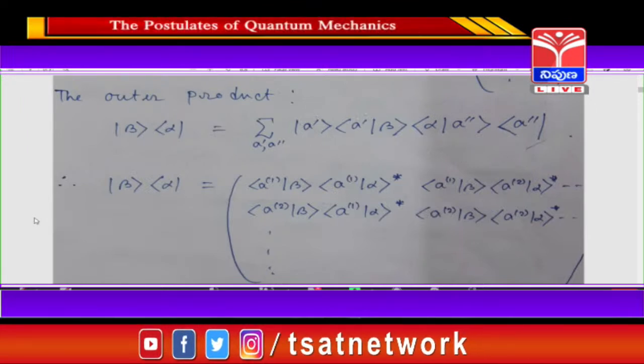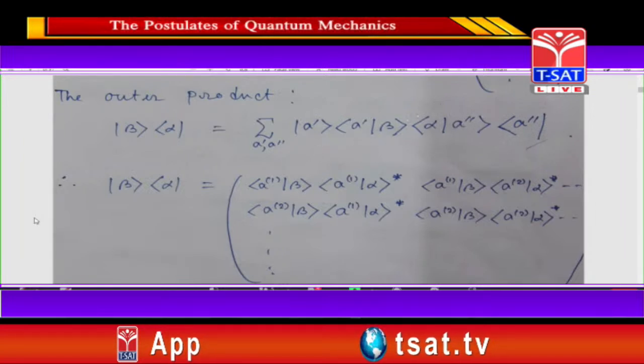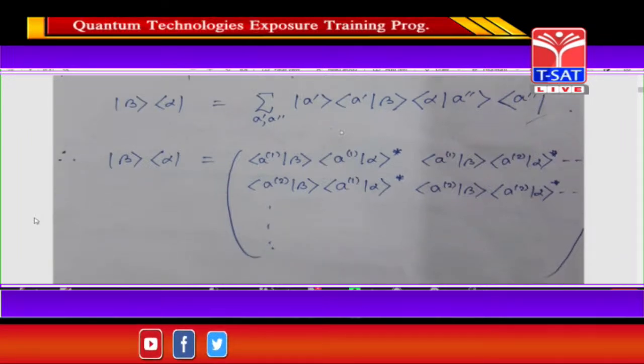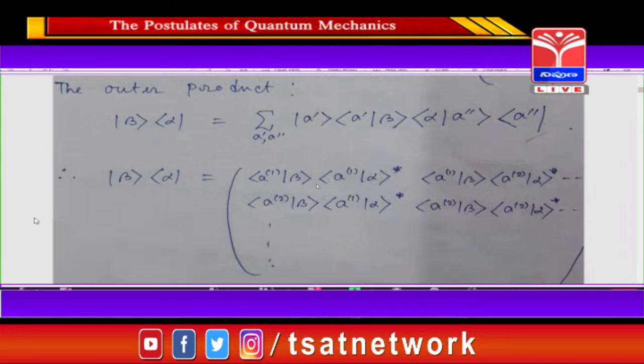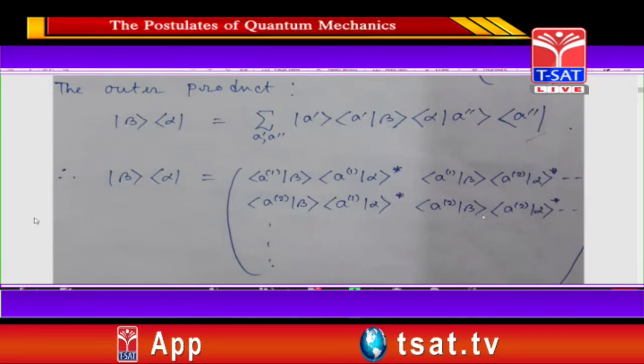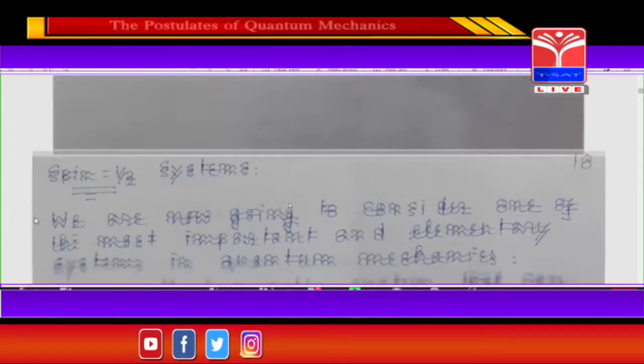Then you have A prime beta, alpha A double prime, then again the bra vector A double prime. So these two inner products are the multiplication of the numbers that are the elements of this matrix. So if we write it in a matrix form, we have A1 beta, A2 alpha star and so on. So these are basically the elements. So I hope this technicality is understood.